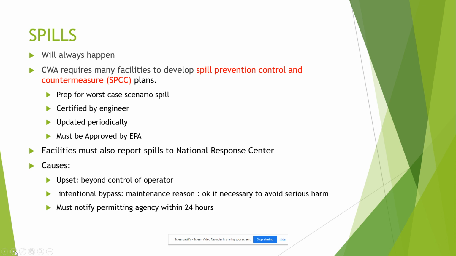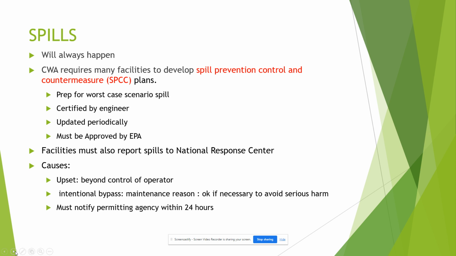Now occasionally there is actually an intentional bypass. So if there is a reason that maybe they have to flush a system, or there's maintenance, so that more has to be discharged than is usual, or than is required by their permit, the EPA says this is okay, or the Clean Water Act says it's okay if it's necessary, it's rare, and it's only necessary to avoid serious harm.